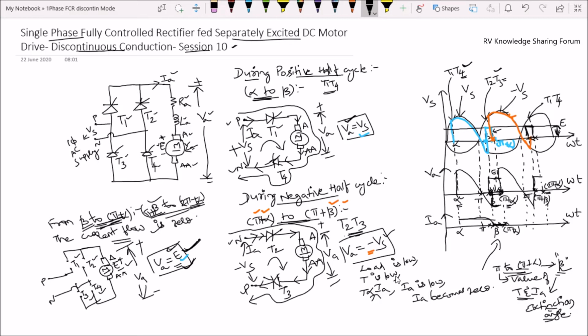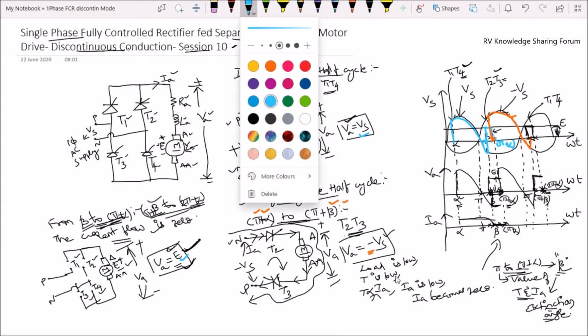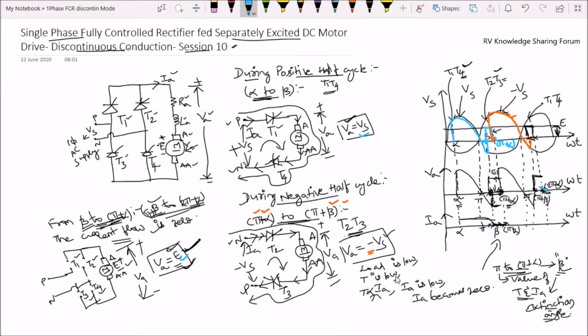Now let us draw here from pi plus beta to 2 pi plus alpha. Let me show it in a different color. Here it is 2 pi plus alpha and here it is pi plus beta. From pi plus beta to 2 pi plus alpha, there is no current flow across any thyristors.